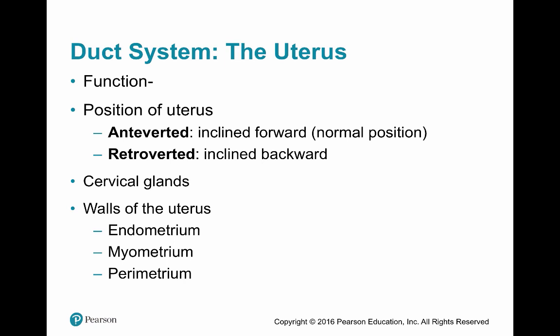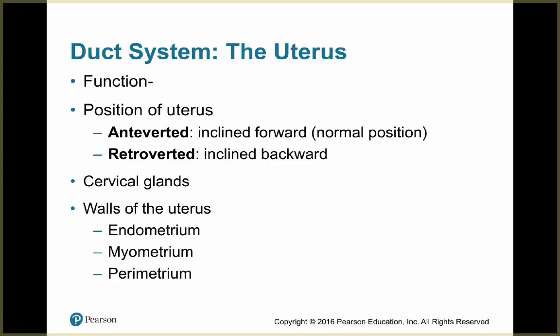The next part of the duct system is the uterus. And so this is a hollow, thick-walled, basically muscular organ. And its function is basically to receive, retain, and nourish a fertilized ovum.